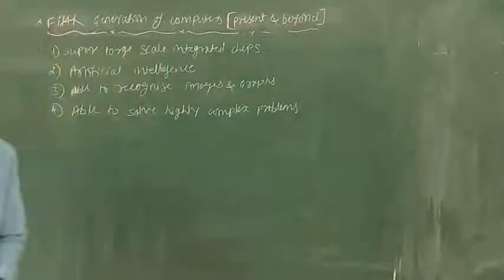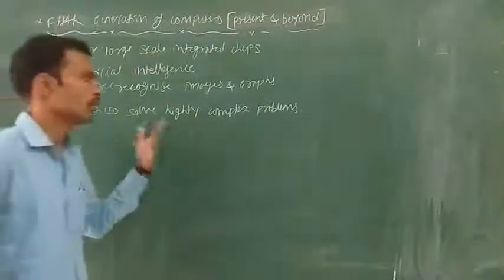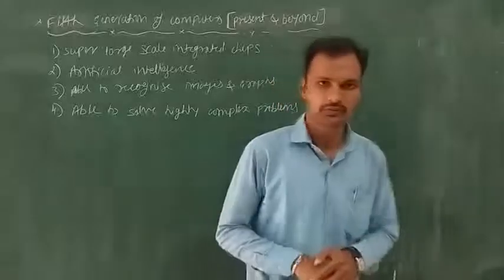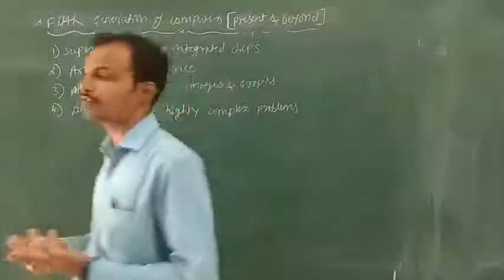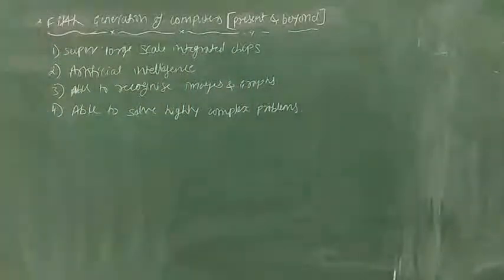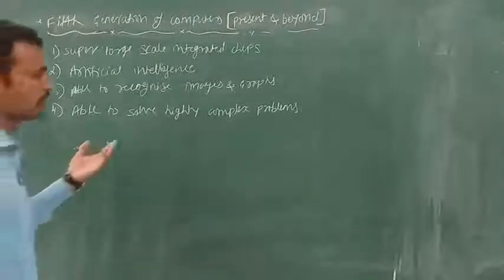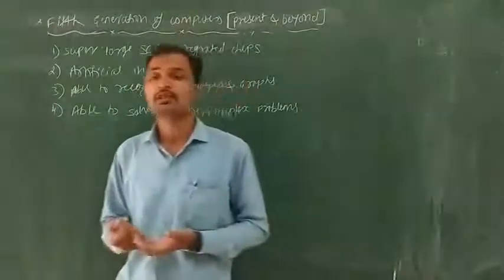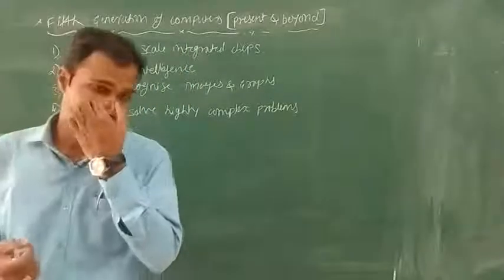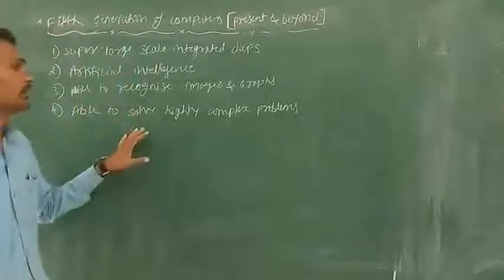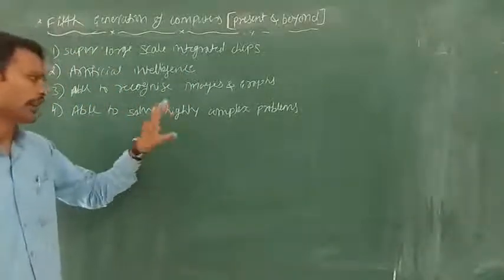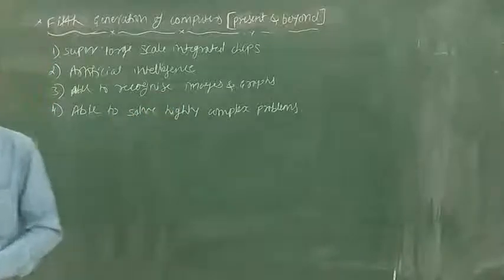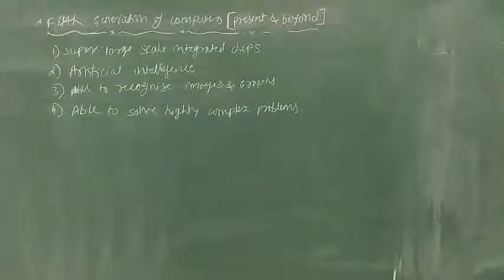This generation of computers is able to solve highly complex problems. It may be reasoning or any mathematical problem. A problem may contain logical or other reasoning also. This type of computer can solve any type of problem.